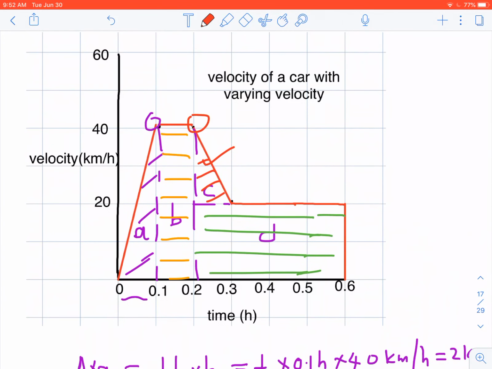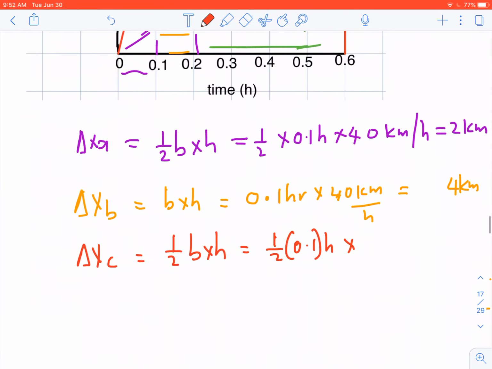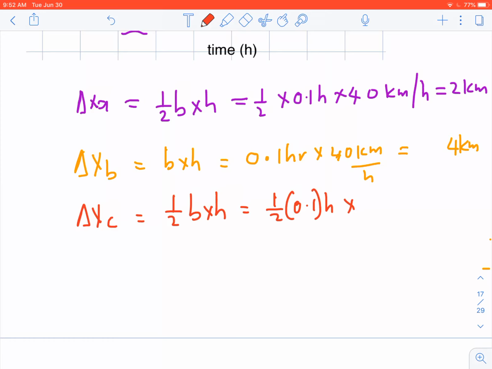That's 40 and that's 20, so the difference would be 20 kilometers an hour, which means we have 40 minus 20 kilometers an hour, and that would be equal to 1 kilometer.